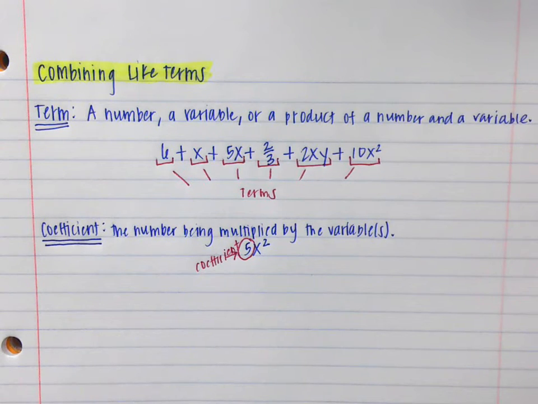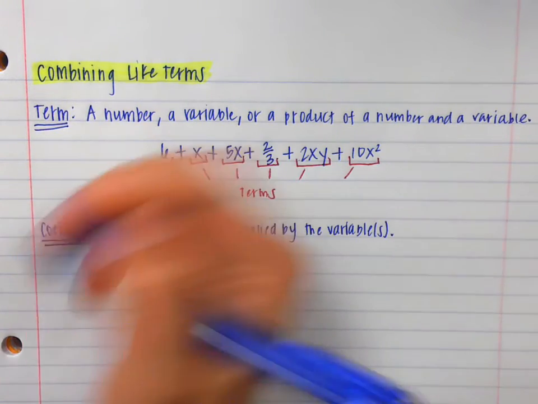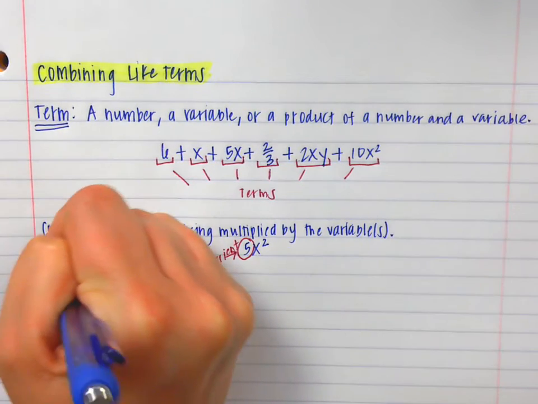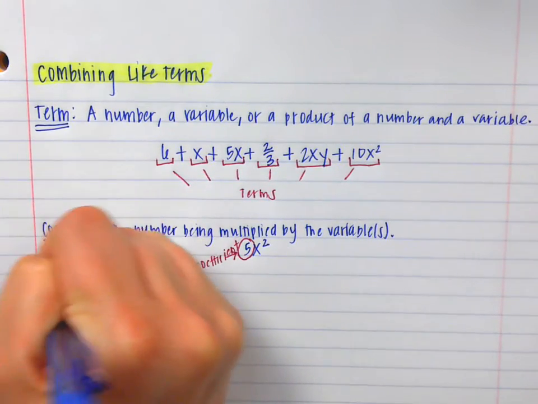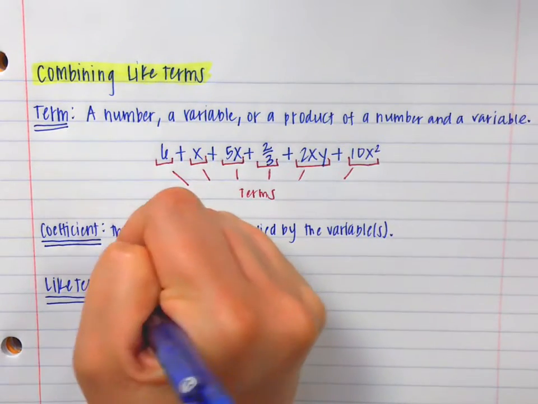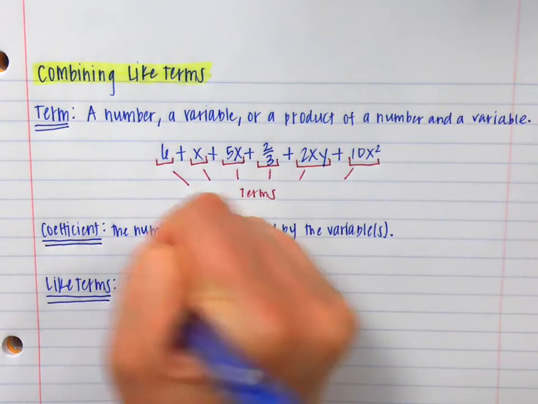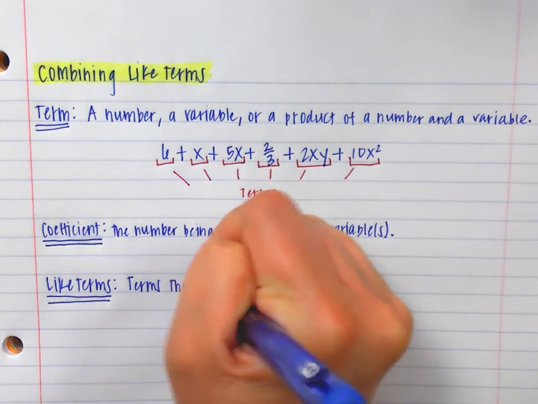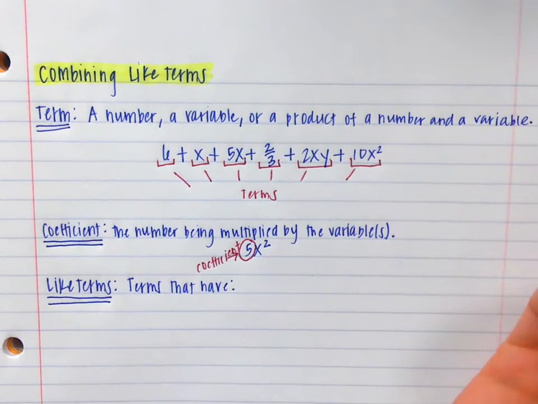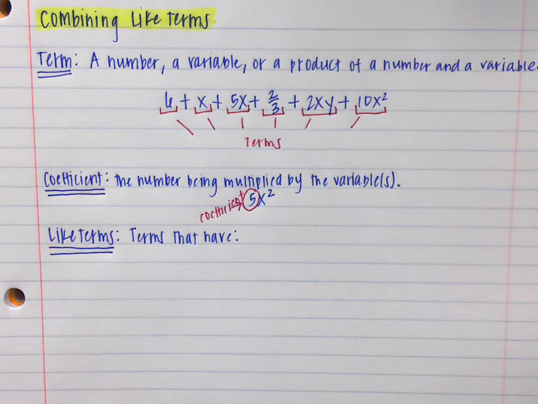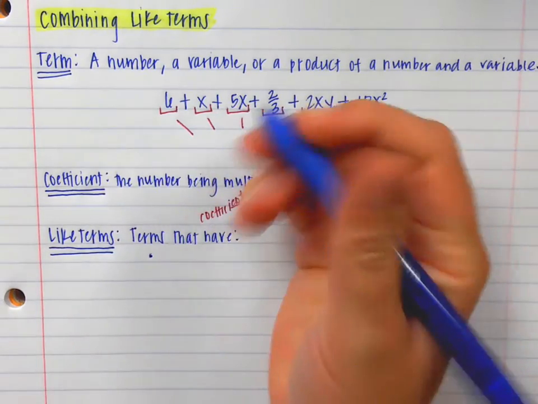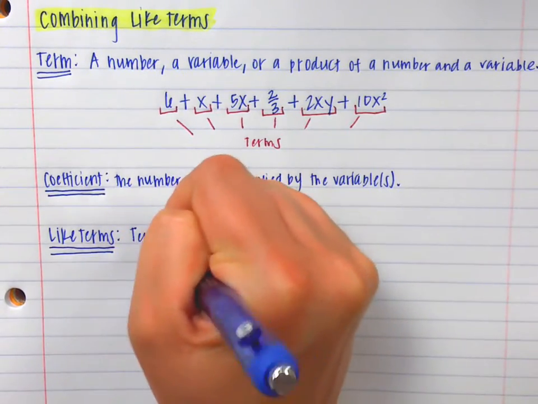Okay, now let's talk about what a like term is, because that's essentially what we're doing, combining like terms. So like terms are terms that have two things. So one, they have the exact same variable. So if they have an x, the other one has an x. If it has a y, the other one has a y.